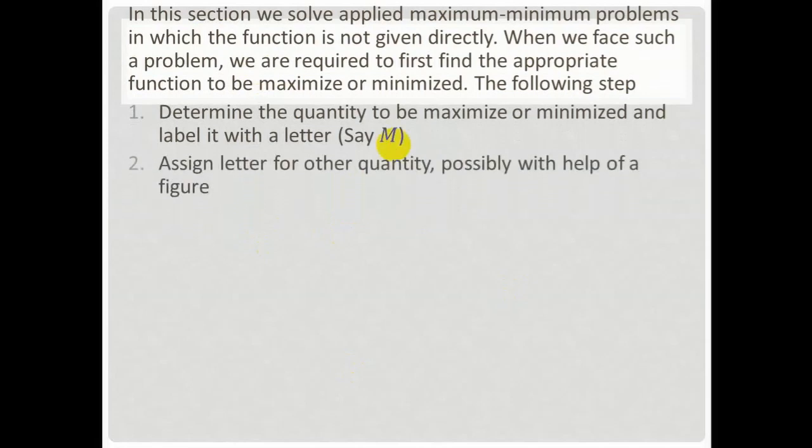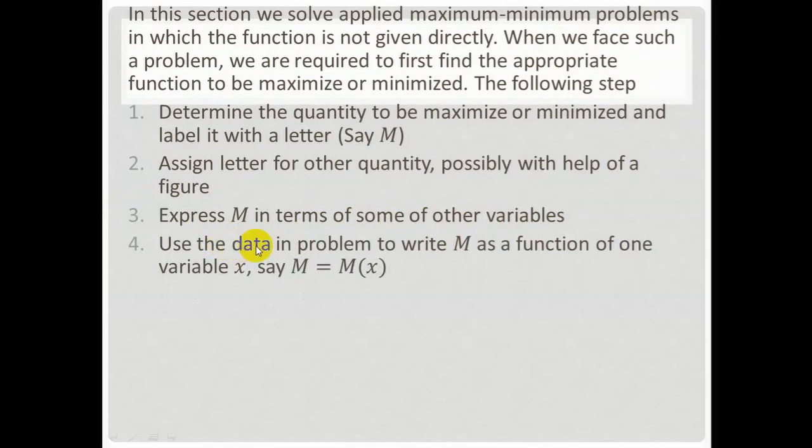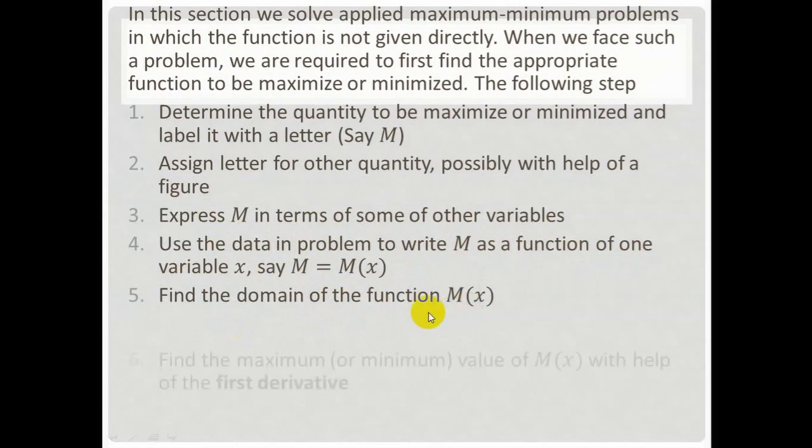Second, assign letters for other quantities, possibly with the help of a figure. Third, express M in terms of some other variables. Fourth, use the data in the problem to write M as a function of one variable x, say M equals M(x). Fifth, find the domain of the function M(x).